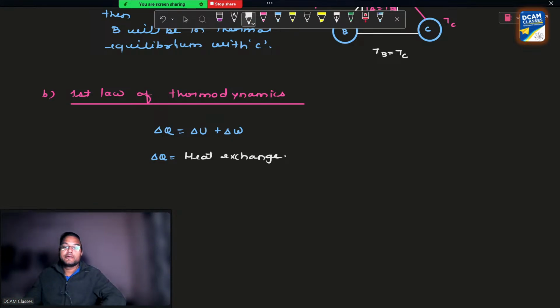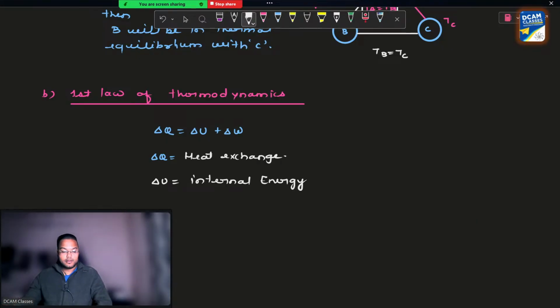What is delta U? Delta U is the internal energy. Do you know something about internal energy? Haripriya, tell me. It's like the total energy of a substance. Correct. Internal energy is the total energy possessed by a body, and if I go deeper, inside a body there will be molecules, atoms, which will be colliding constantly with the surface, colliding with each other.